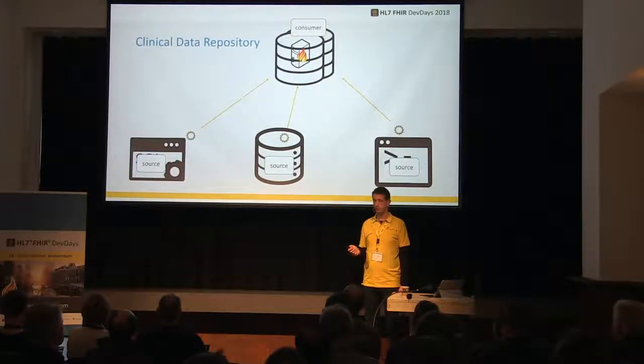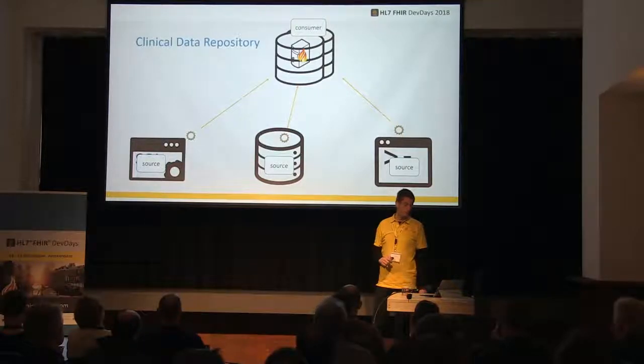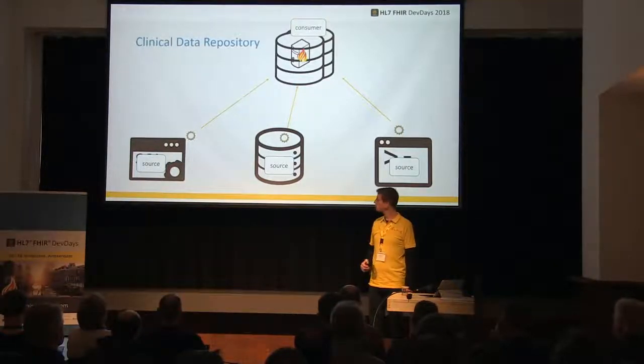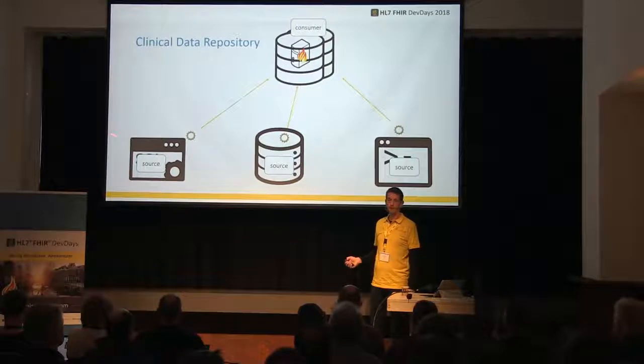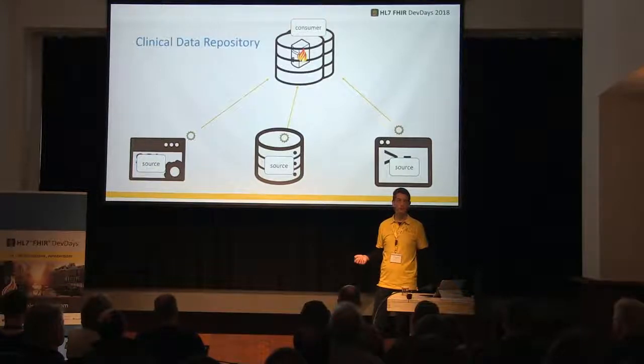For instance, all the other apps or services that need data could then go ask it through FHIR. So you can do that here, and this is a solution where you translate everything at the source level and then send it as FHIR to a generic FHIR server, and that will then be your CDR.